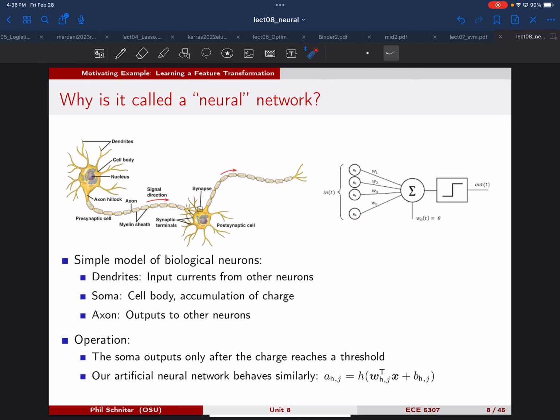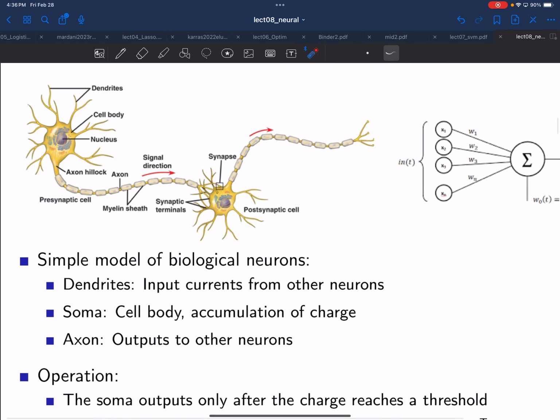Well, when you look at biological neurons, you have something like this, where there's a neuron. It has a bunch of things called dendrites. These are connected to other neurons, and there's some sort of charges that flow down these things called axons that connect them.